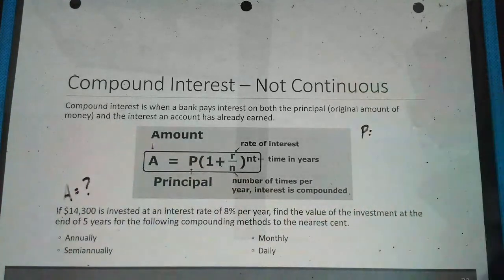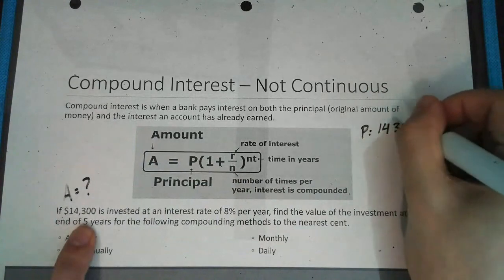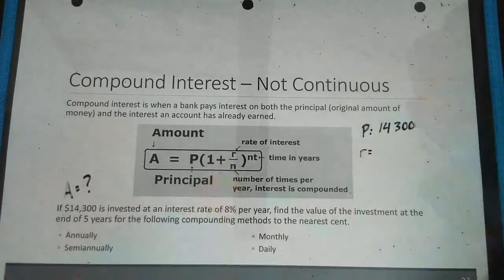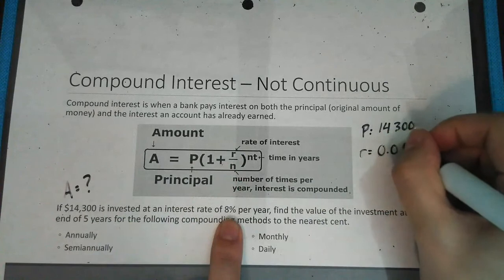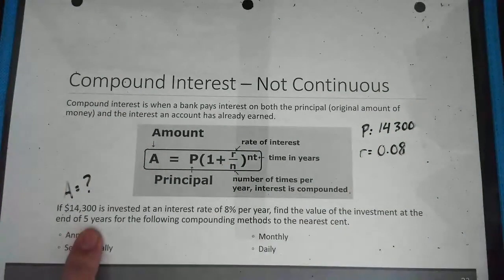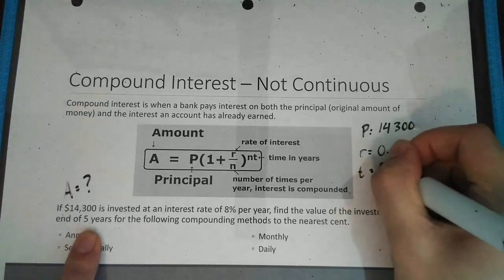P is my principal, and that's how much I put in originally. That was the $14,300. R is my interest rate as a decimal. This is 8%, so we're going to write it as 0.08. We're doing this for 5 years, so our T value is going to be 5.